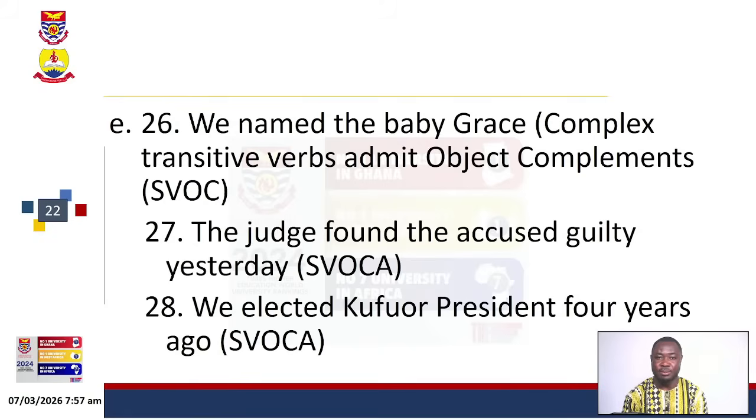Okay? Our subject is we. The verb is elected. Object is Kufuor. The complement is president. Four years ago is our adjunct. It's interesting that we see some patterning of the sentences that we write. Every such sentence must have a pattern. The ones you speak, the ones you write, all of them must have this pattern.